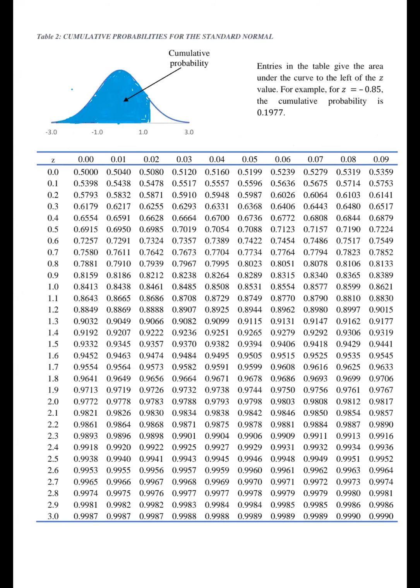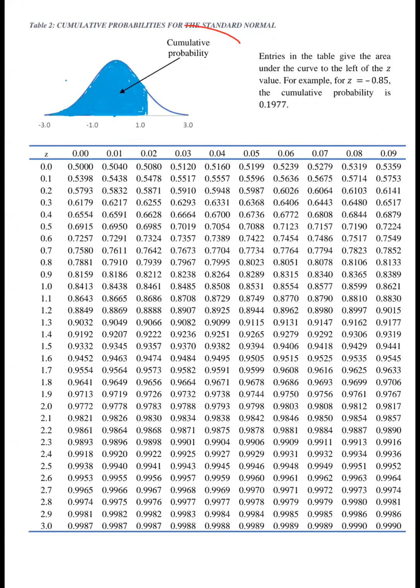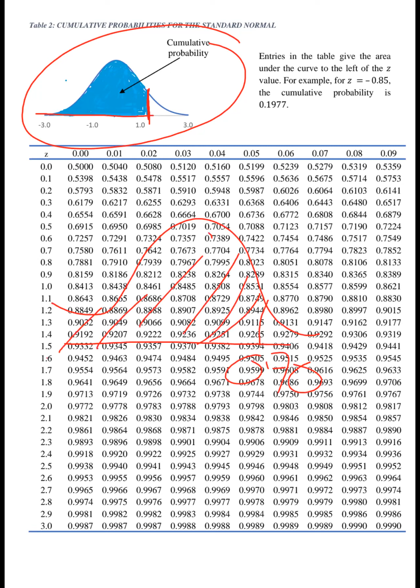This table is shaded in such a way that it gives all the area from the Z value going to the left. In this case, our Z value is 0.70.